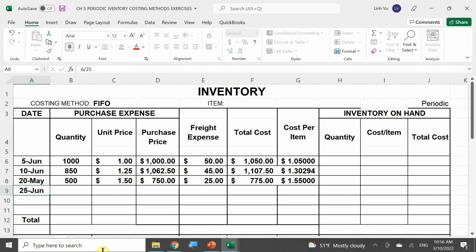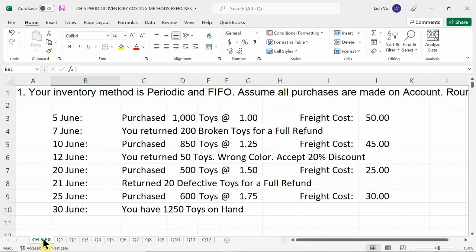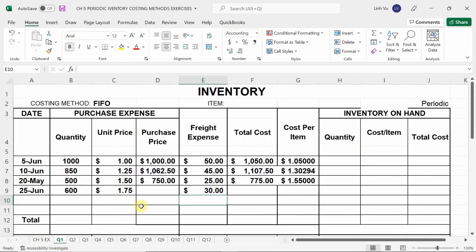It is June 25th, 600 units at $1.75 with a freight of 30. I double check that. So purchase 600 at $1.75, freight of 30. Okay, 1,050. Plus 30, 1,080.